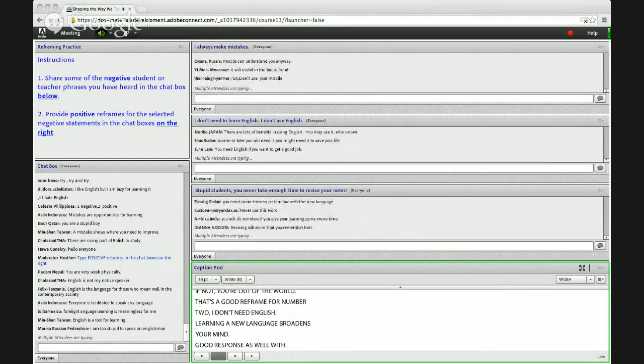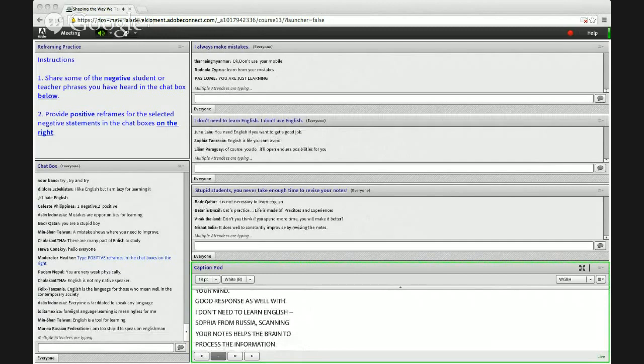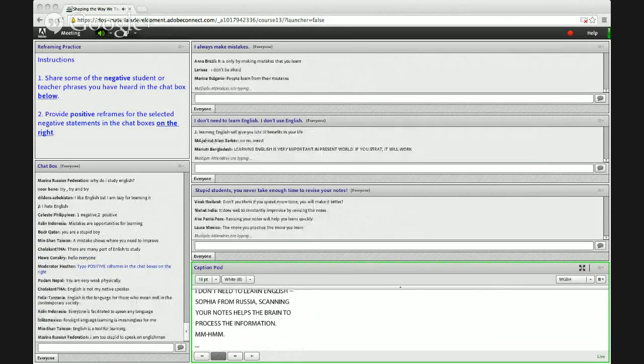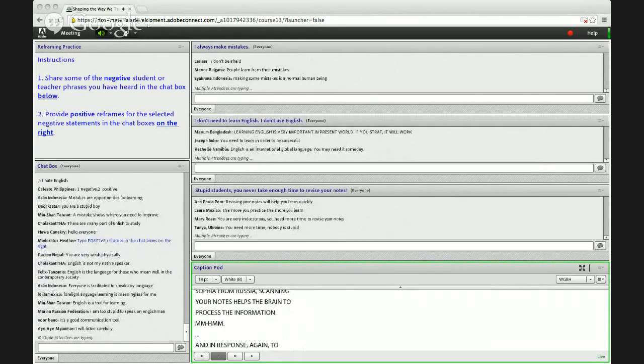Sophia from Russia, scanning your notes helps the brain to process the information. And in response again to number 3, Lucia says, checking your notes doubles your opportunity to learn.